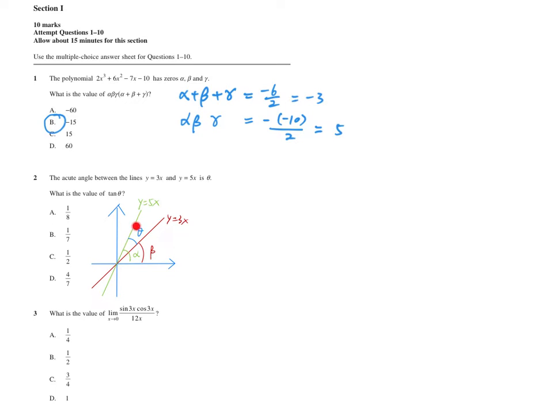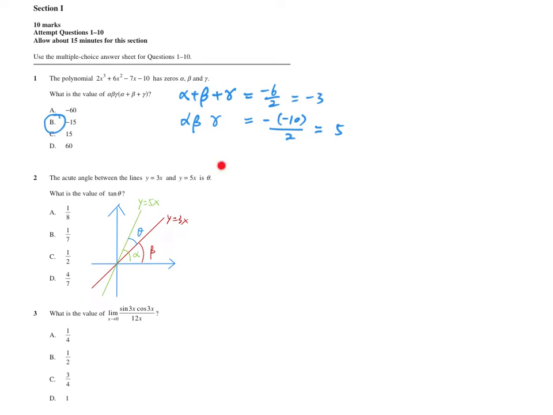And then y equals 5x is another straight line, but this time the gradient equals 5, which means the angle of this green line with the horizontal is alpha. Alpha should be larger than beta because the gradient of the green line is 5 while the gradient of the red line is 3.